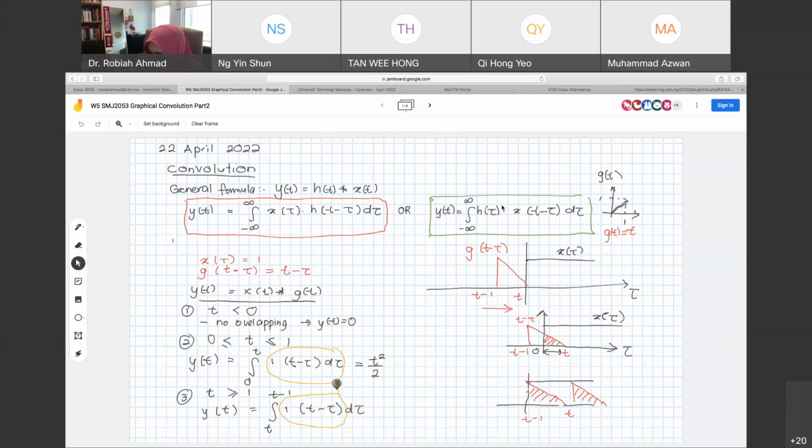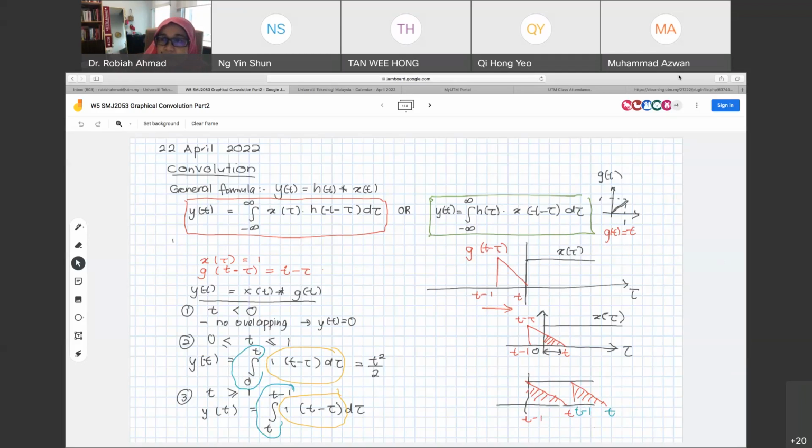The only difference is the limit. So that's why you have to sketch this graph, so you have the idea. So this is also the same. t to t minus 1.